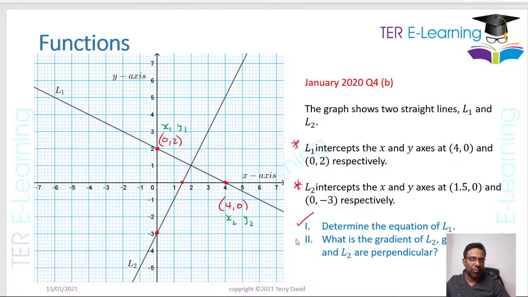The next thing: what is the gradient of L2, given that L1 and L2 are perpendicular? So they want you to work out the gradient of this line, L2, given that the two lines are perpendicular. Can you all tell me what the gradient of L2 is?